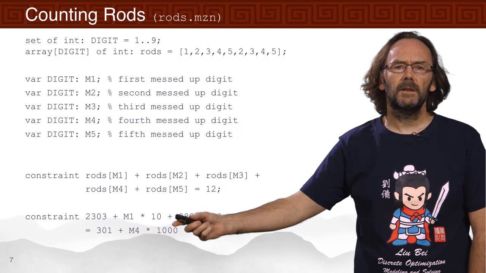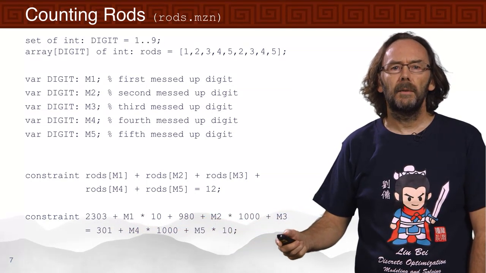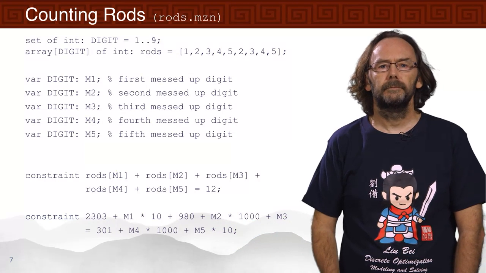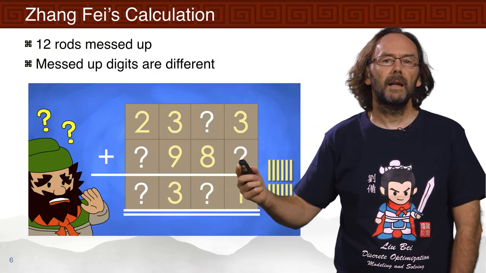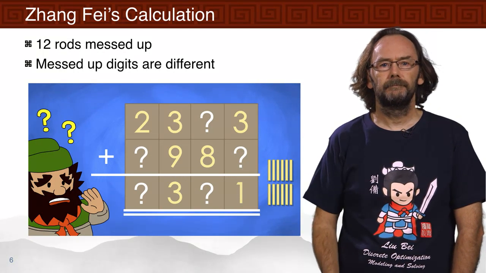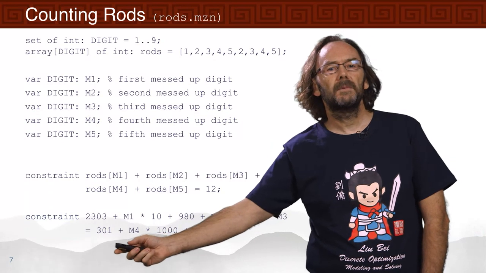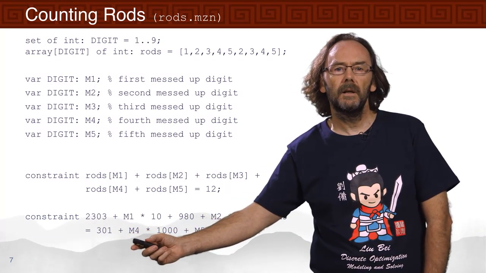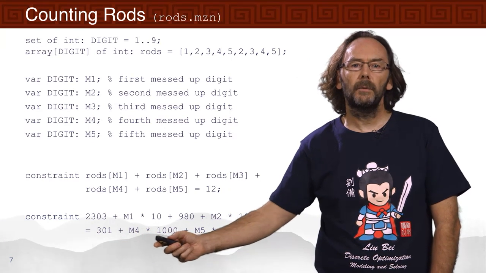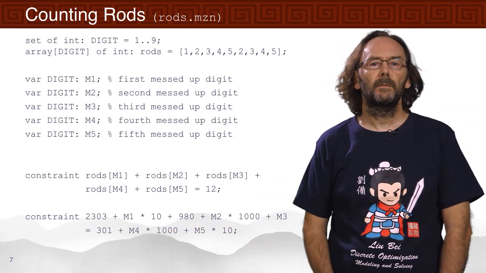Then we take the second expression, which is 980 plus M2 times 1000 plus M3, because here's M2, that's in the thousands position, and M3 is in the ones position. So that'll give us the sum of the top 2 numbers, and then we have to add up to get the right value underneath, which is 301, where the digits are given, plus M4 times 1000, because M4 is in the thousands position, and M5 times 10, because it's in the tens position.